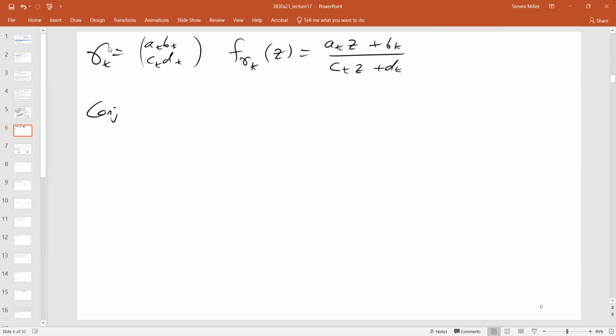So the conjecture is that F_{gamma_1}(F_{gamma_2}(z)) is equal to F_gamma(z), where gamma is what?